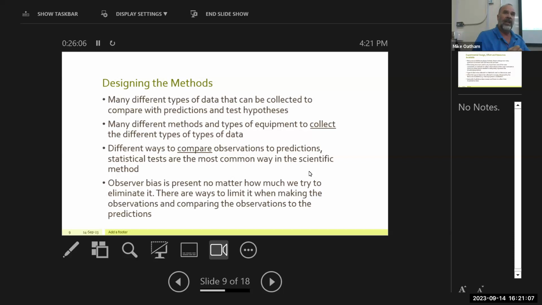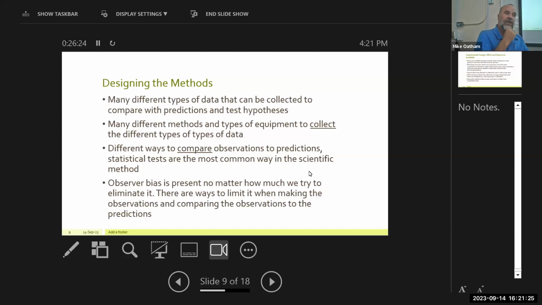Which ones you want to collect, you need to be very selective about, to answer the research question and test the hypothesis and compare to the predictions of that hypothesis.